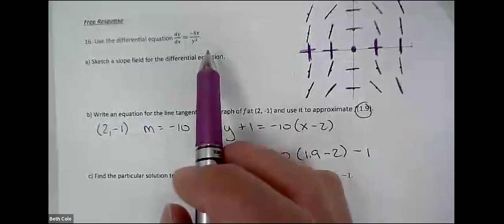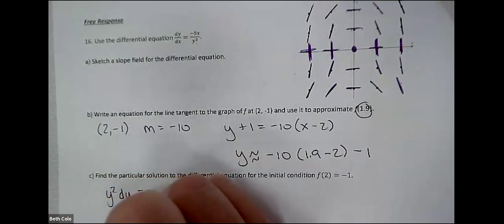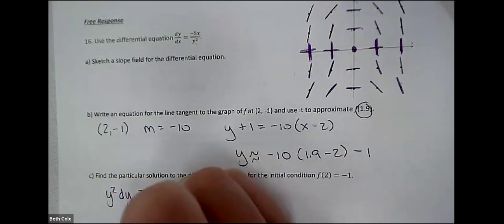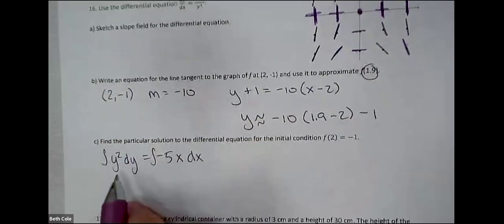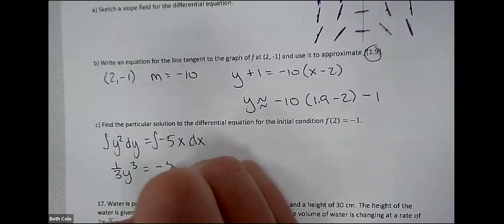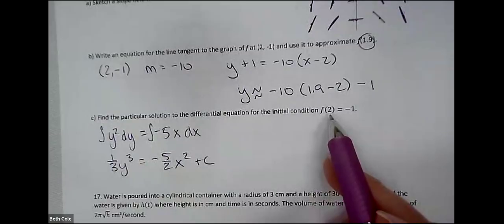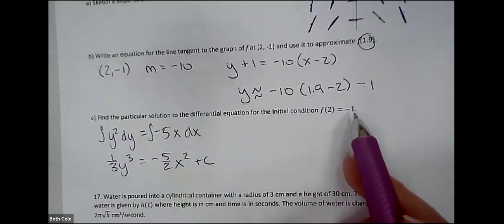And then here you're going to solve it. So we're going to multiply over the y squared, and then multiply over the dx. Antiderivative, 1/3 y cubed. On this side, we have negative 5/2 x squared plus c. We're going to plug in positive 2 for x, negative 1 for y.